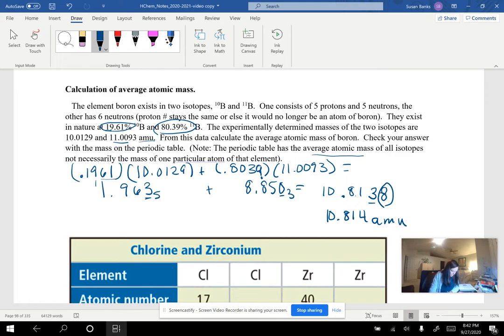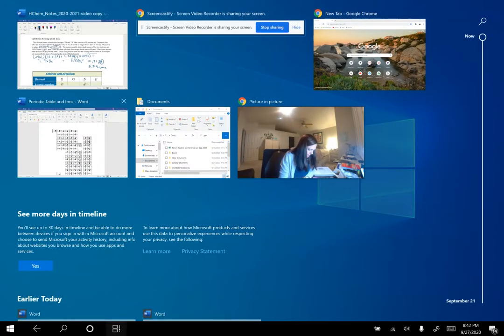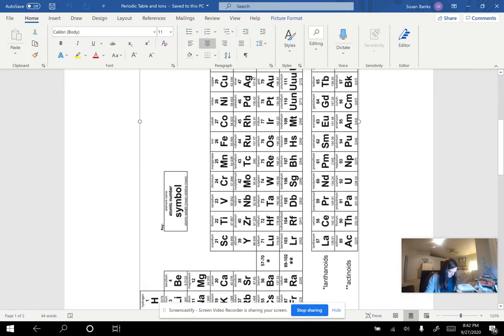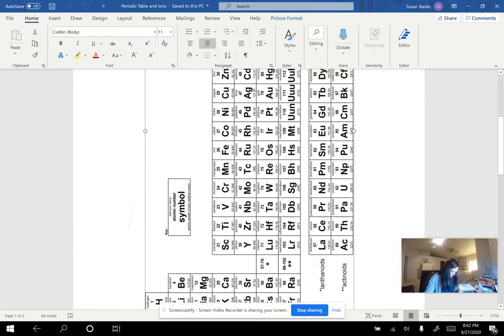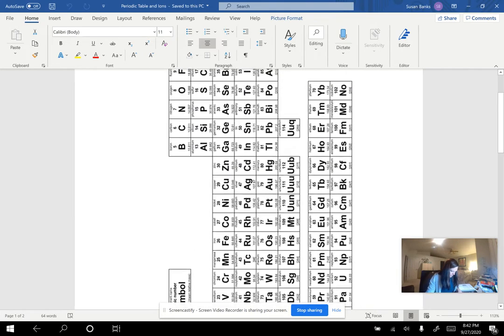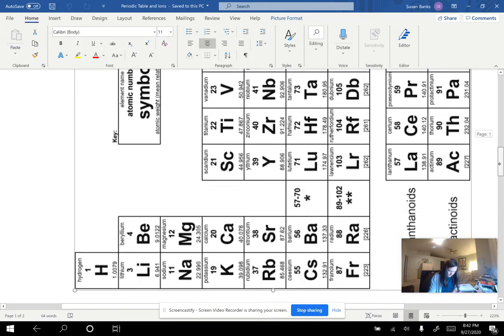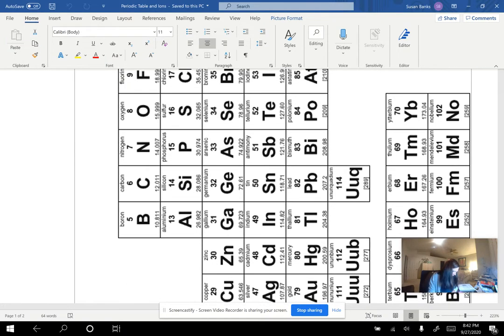So you know what? Let's check. If I look at boron on my periodic table, I have 10.811.